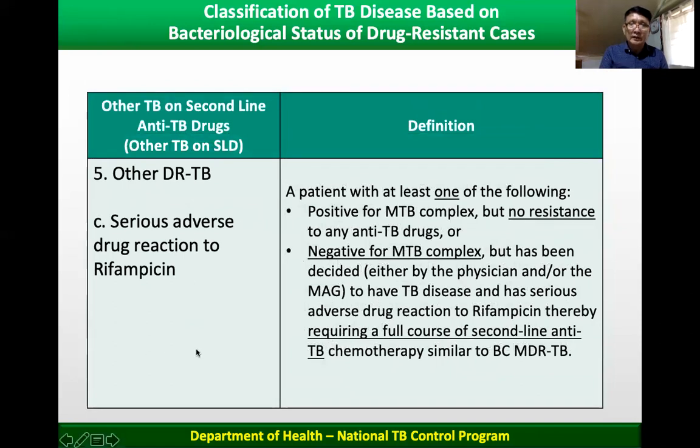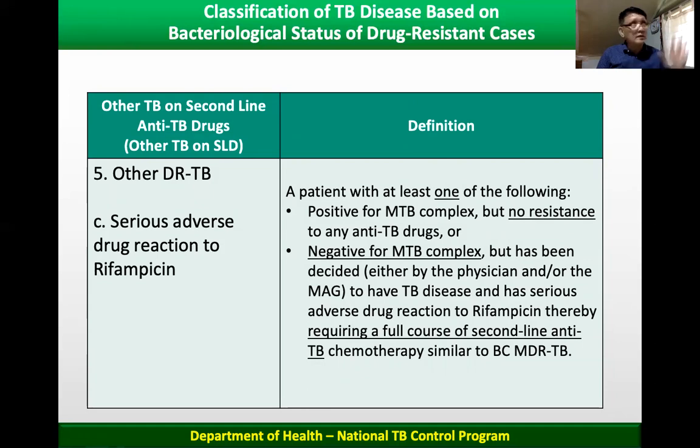And letter C, other drug resistant TB, we have the serious adverse drug reaction to rifampicin. So the definition is at least one of the following: positive for MTB complex, but no resistance to any anti-TB drugs.